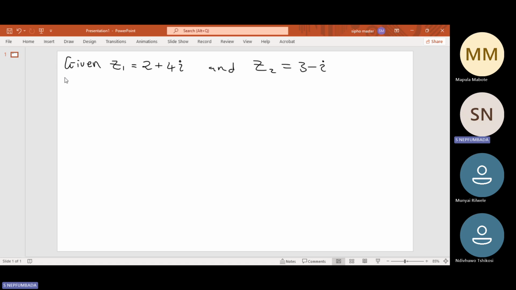Determine: number A, Z1 plus Z2; number B, Z1 minus Z2; number C, Z2 minus Z1.